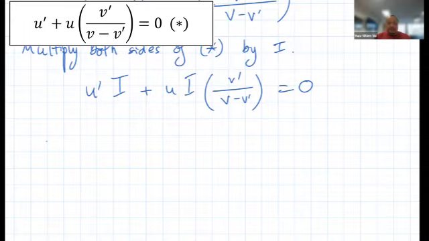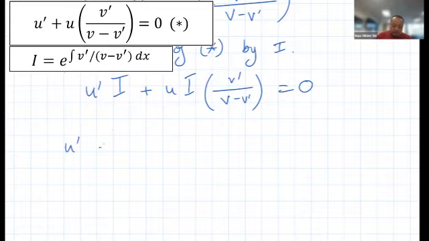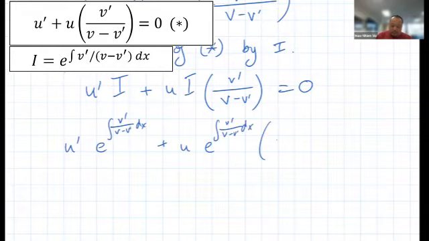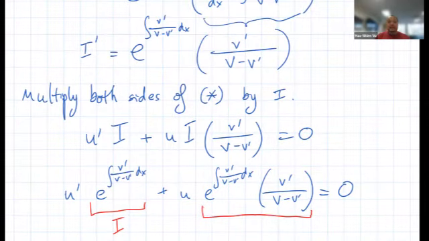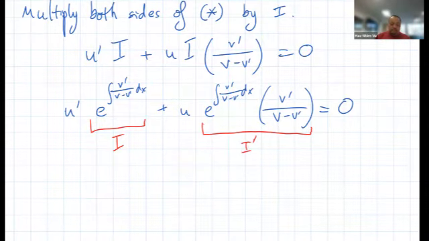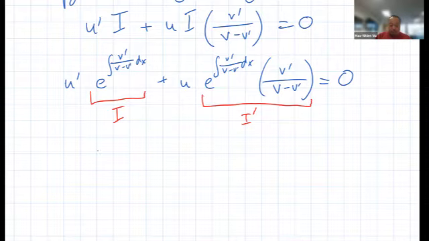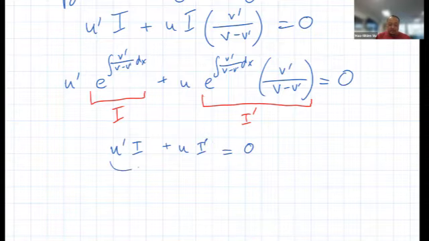And I is that exponential, so I plug it in. Well, check this out. This is I, and all of this is I prime. So I have my product rule. I have u prime I plus u I prime is equal to 0. This is a product rule that says it's the derivative of u times I.